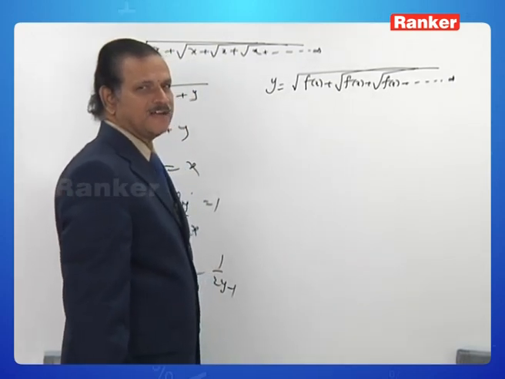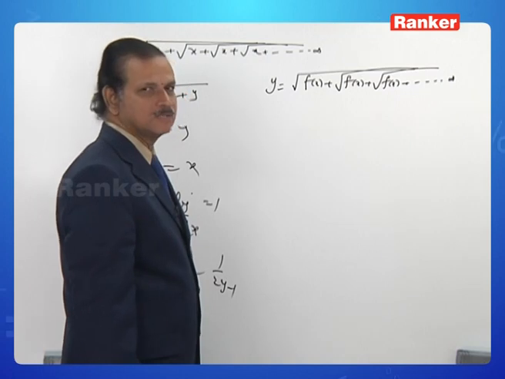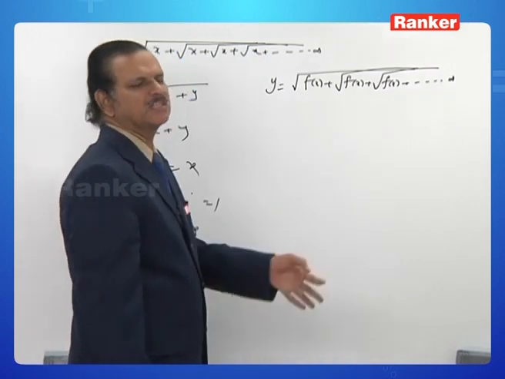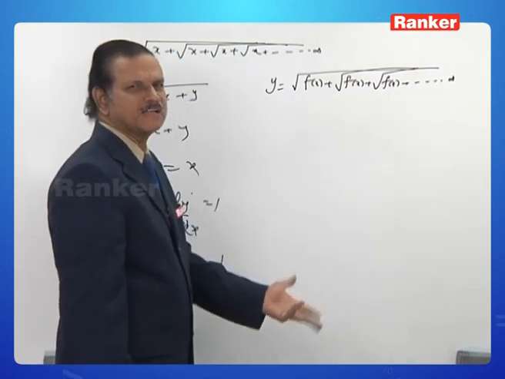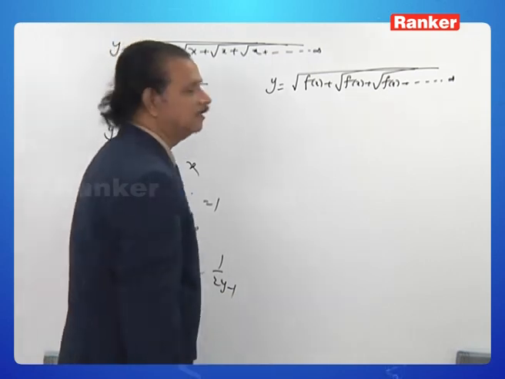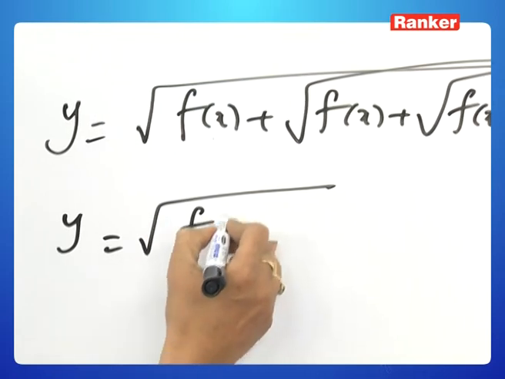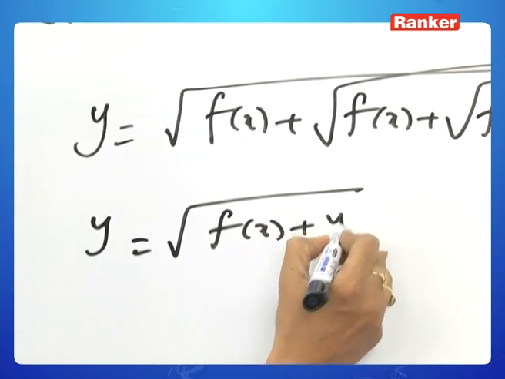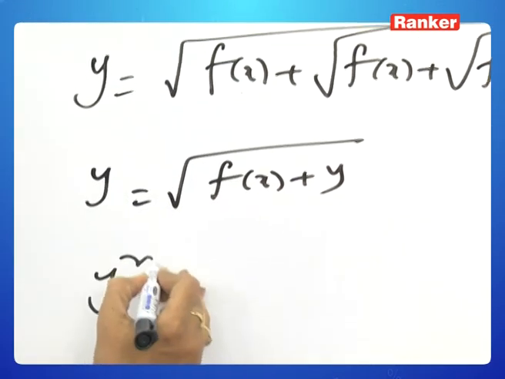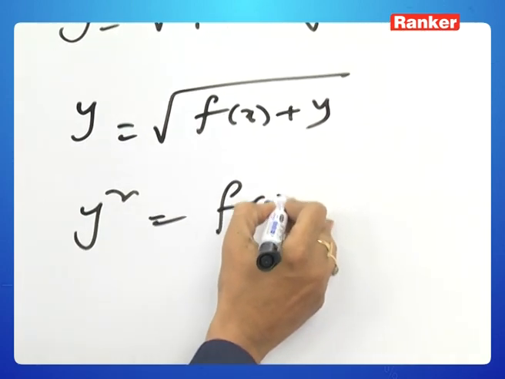Absolutely, in a similar fashion as before, you square it on both sides and differentiate; every step is similar. Y is equal to root of f of x plus y. Square it: y square is equal to f of x plus y.